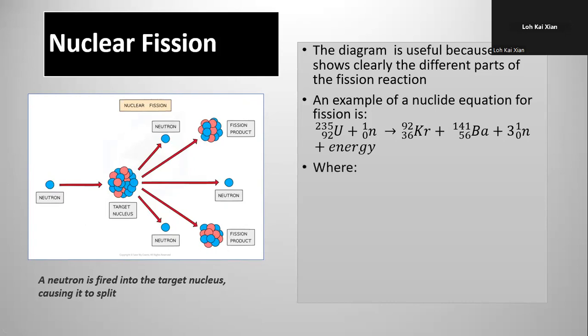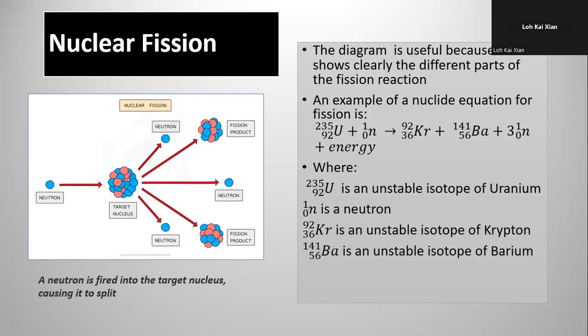One neutron makes contact with one unstable nucleus, and this leads to the division into two new daughter nuclei. Basically, it is already unstable, so the neutron gives it extra energy. Being unstable, it wants to give out its energy, so it splits into two smaller ones, the daughter nuclei, and it also gives out 2 or 3 neutrons.